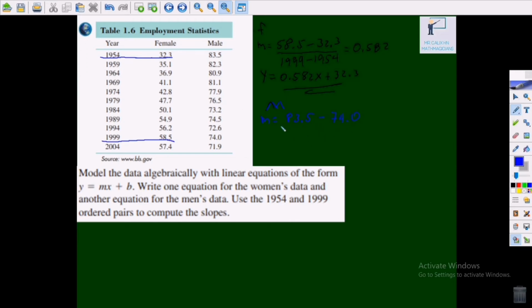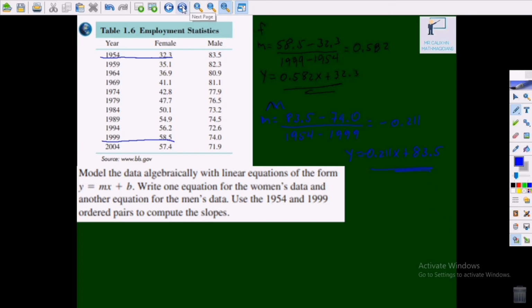You can do it this way also, over 1954 minus 1999. The answer for the male is negative 0.211. That means that my equation is y is equal to negative 0.211x plus the first point that was 83.5. And this is your answer for this type of exercise.